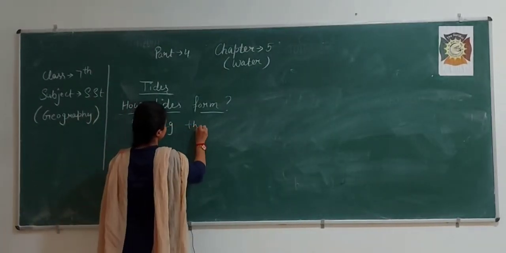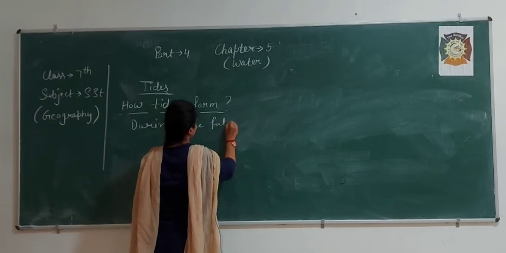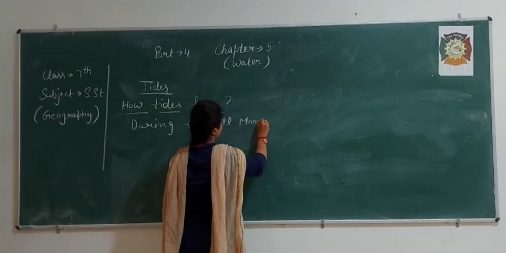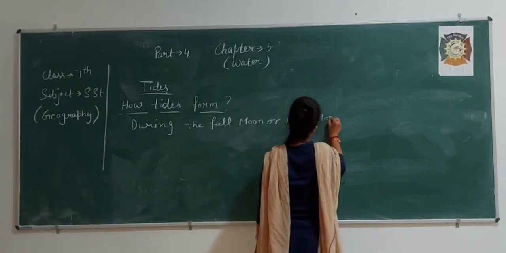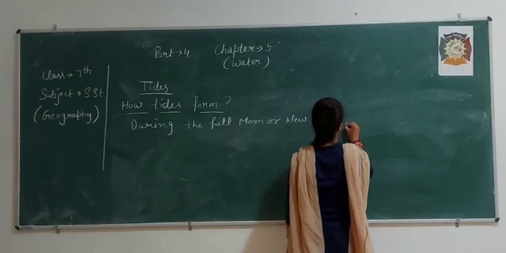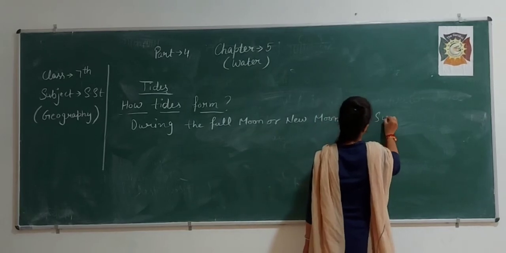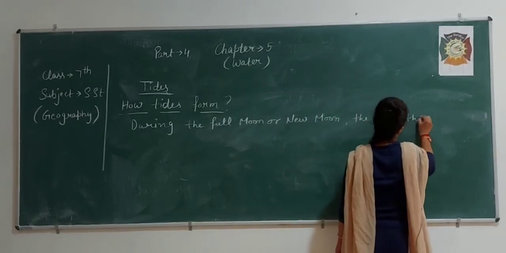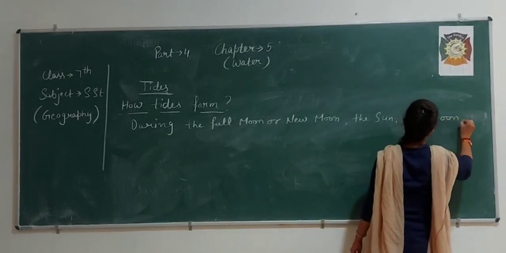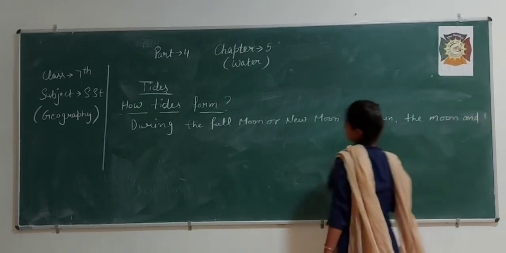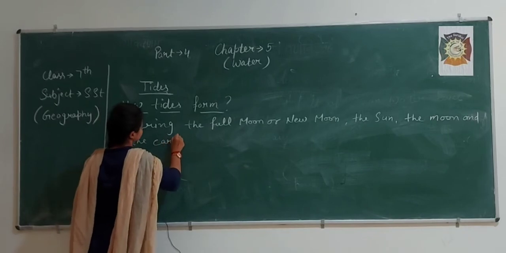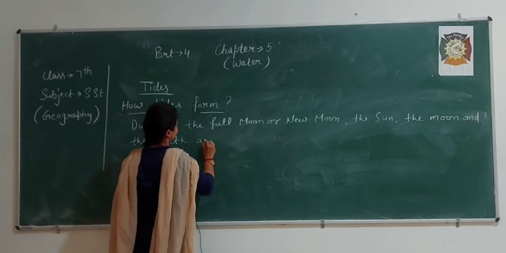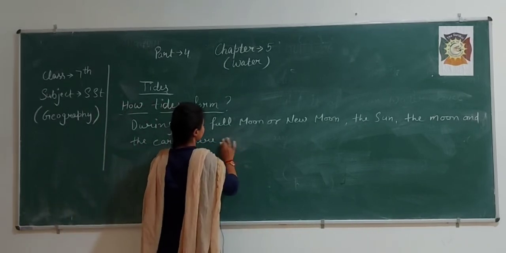During the full moon or new moon, the sun, moon and the earth are in the same line.